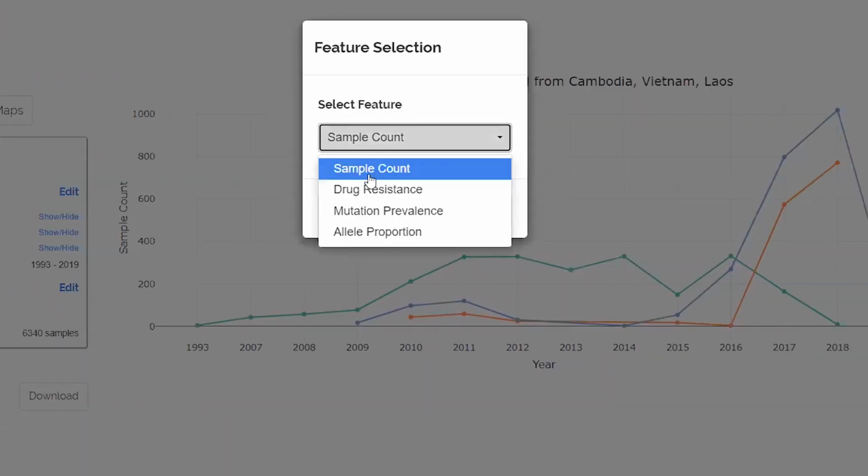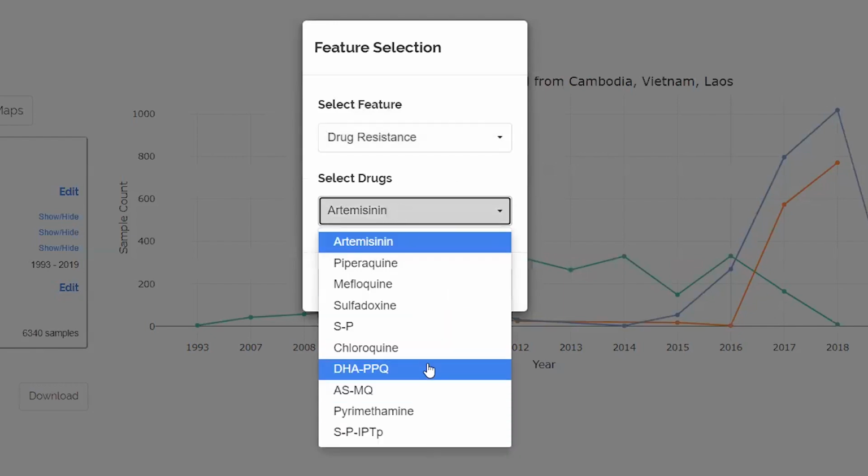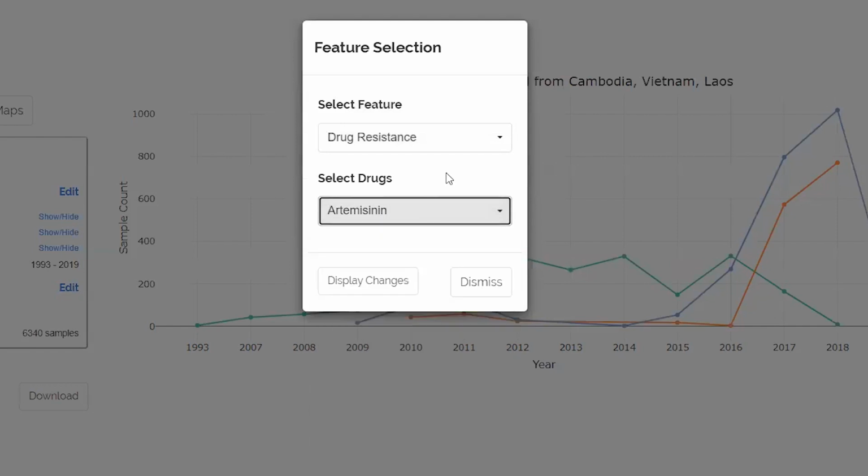There's sample count, which is the number of samples the user has selected. And there's drug resistance, which is the percentage of samples that are predicted to be resistant to a certain drug. Here we can see that there are 10 drugs to choose from, and that the selection related to the features will automatically appear once you've selected the feature.